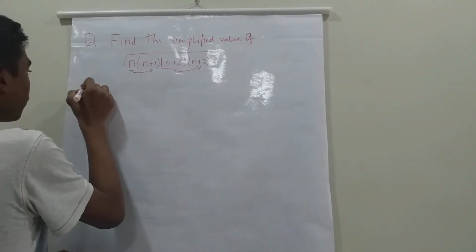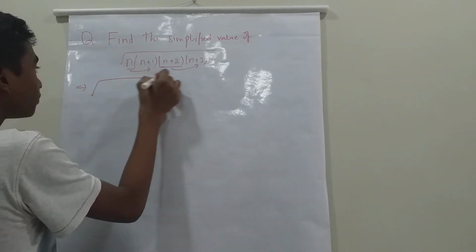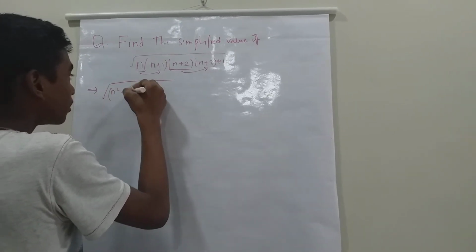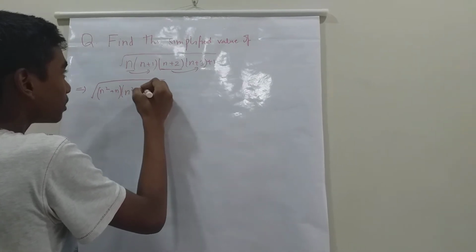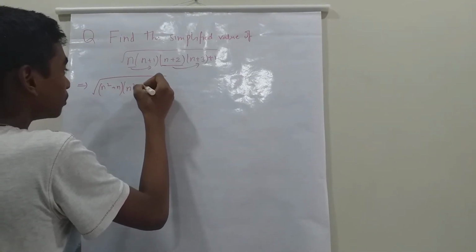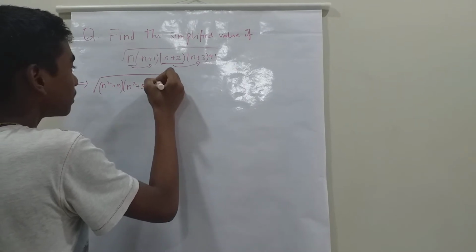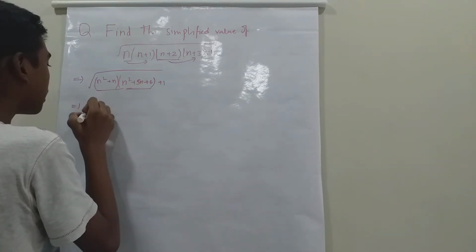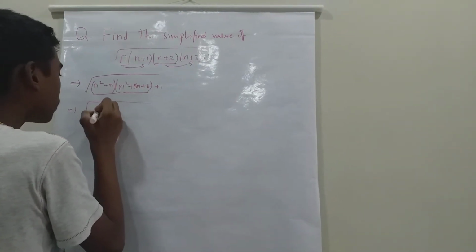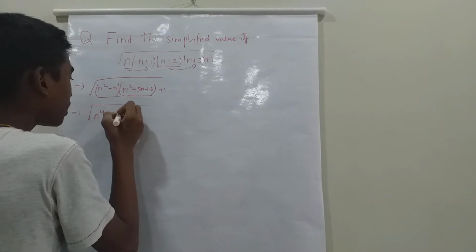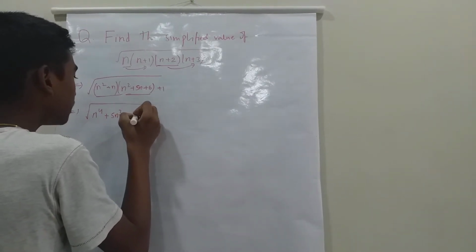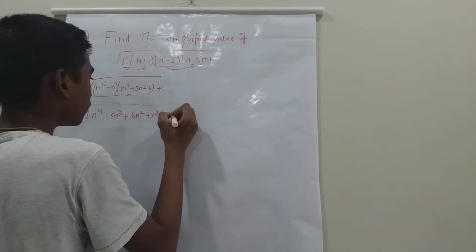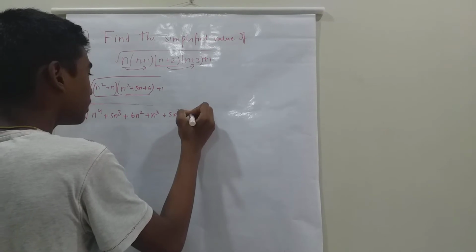So it gives me the square root of n squared plus n times n squared plus 5n plus 6, plus 1. So when I multiply this with that, I get the square root of n to the power 4 plus 5n cubed plus 6n squared plus n cubed plus 5n squared plus 6n plus 1.